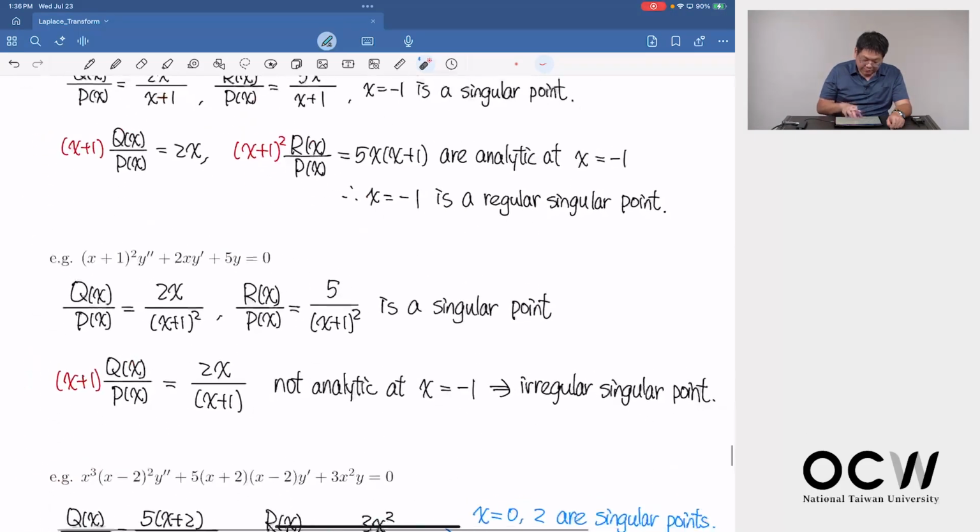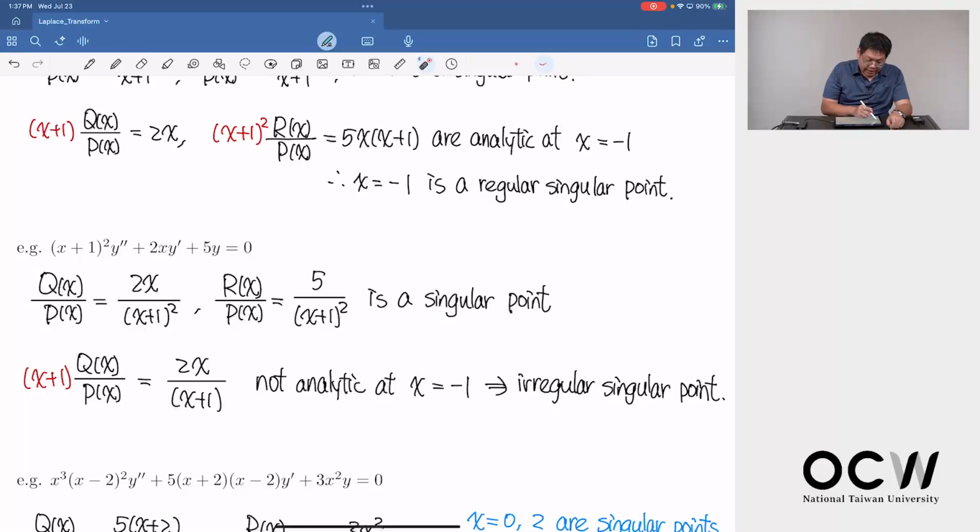Next example, I have a differential equation. First, we need to check what Q(x) and P(x) are, and also R(x). So Q(x) is 2x, P(x) is this term, x plus 1 squared, and R(x) is 5.